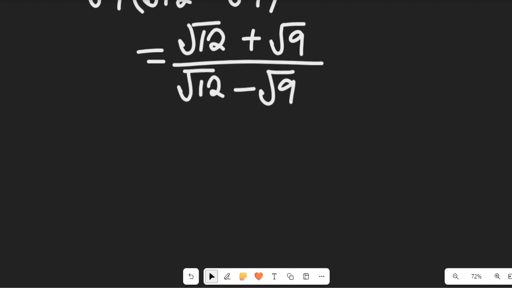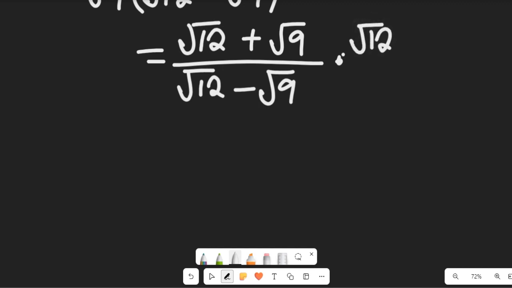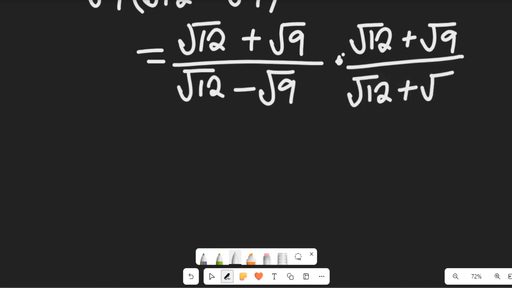Recall the rationalization of a surd: we multiply the numerator and the denominator by the conjugate of the denominator, which is the square root of 12 plus the square root of 9, divided by the square root of 12 plus the square root of 9.